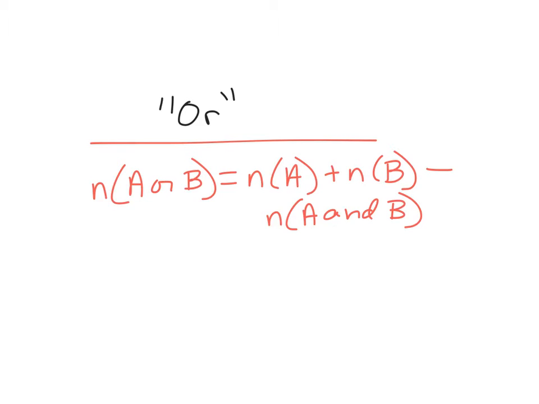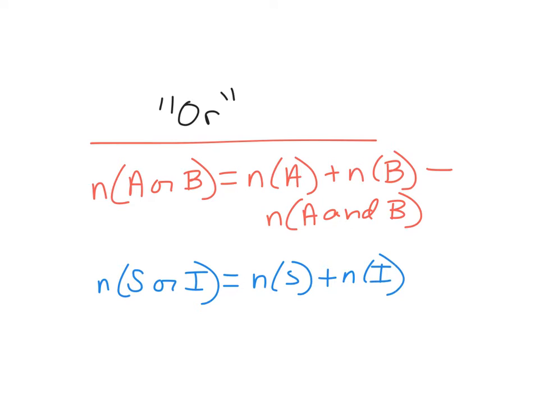If we would have used this approach on the last problem, the number of people who had been to St. Louis or Indianapolis would have been equal to the number that had been to St. Louis plus the number that had been to Indianapolis minus the number that had been to St. Louis and Indianapolis.